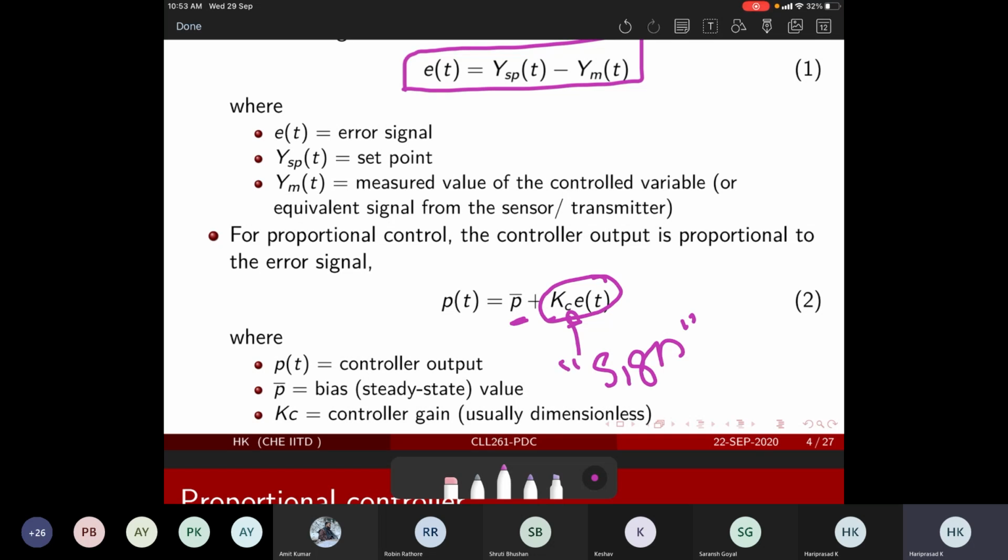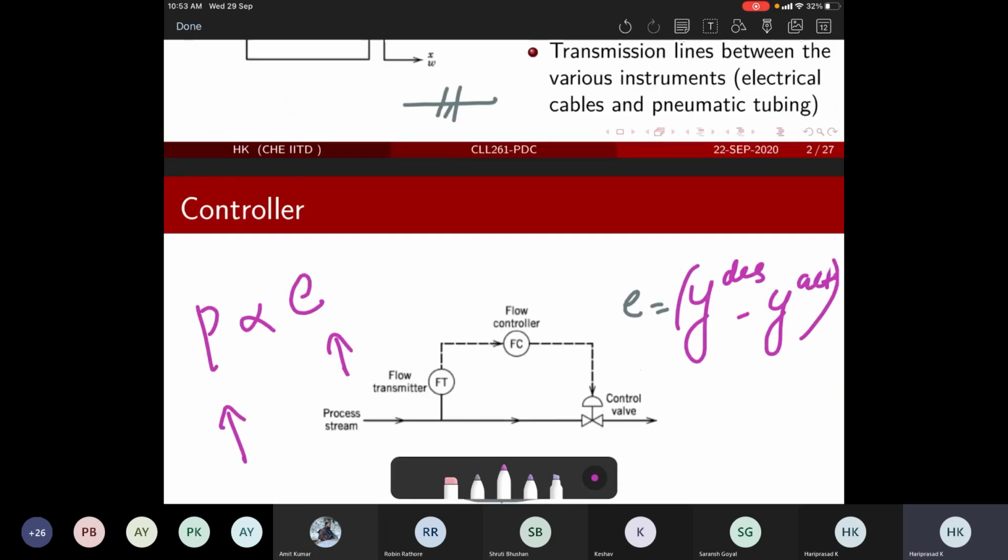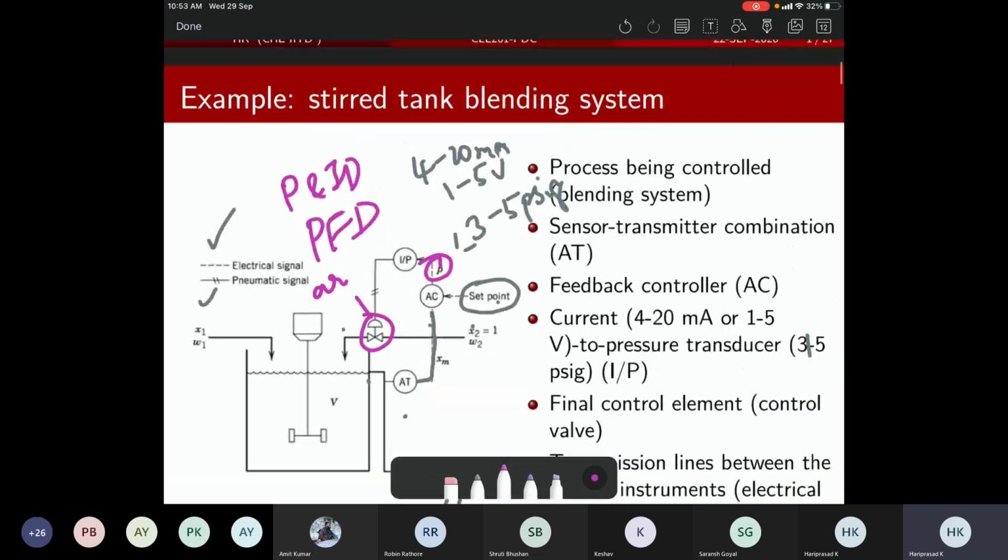Because this is again your customer. Everybody will have a customer, no? A controller's customer is the final control element, or the control valve. The signal from the controller of course goes through the I2P, but eventually it goes to the control valve.